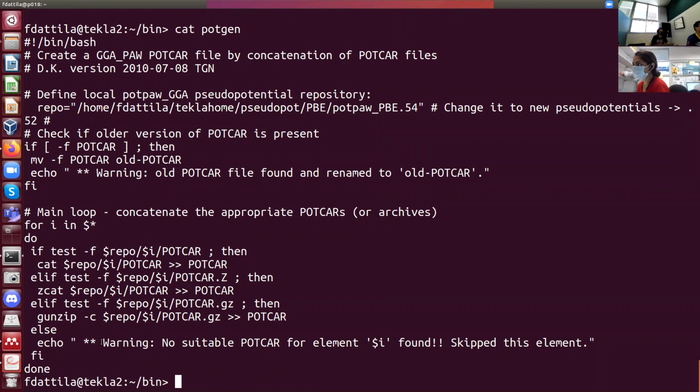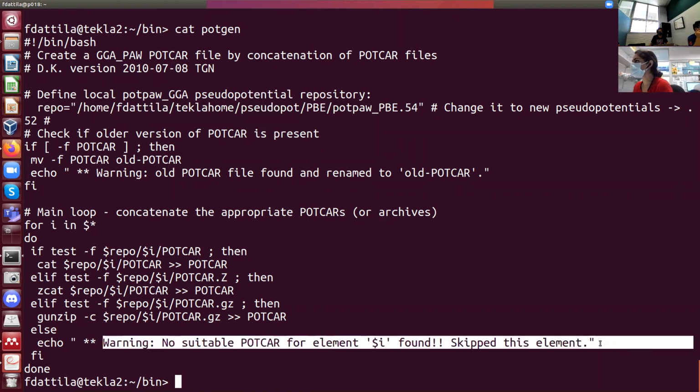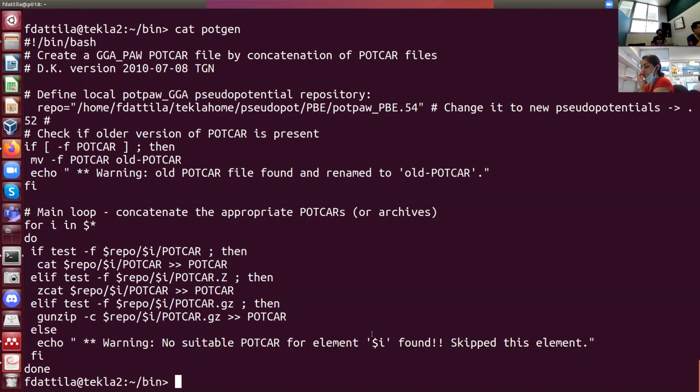And here you have an error message telling you that you don't have elements in your POSCAR, so I cannot generate a POTCAR, because if you don't tell me which elements are in the system, I cannot generate it. But again, you will get the two scripts when you need to start running simulations.